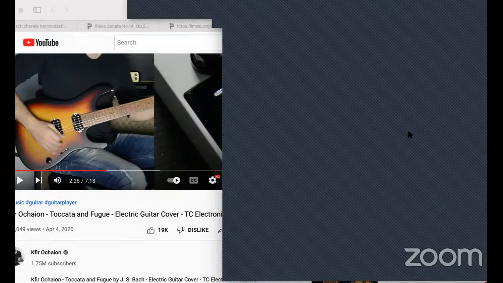Now I'm going to add the prelude from the Wohltemperierte Klavier.